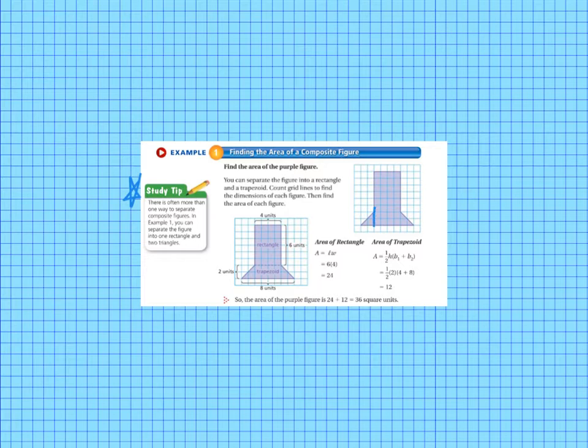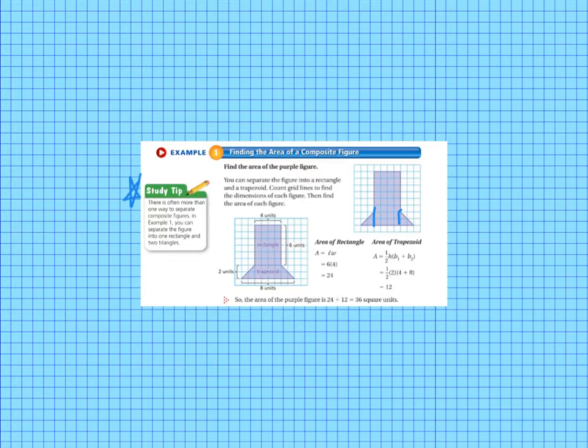You could do a long rectangle in the middle and two small rectangles off to the side. And you might want to remember that trapezoids can always be separated into a rectangle and two small triangles. So if you have a hard time remembering that area of a trapezoid formula, you can just separate it into a rectangle and two small triangles and you'll be fine.